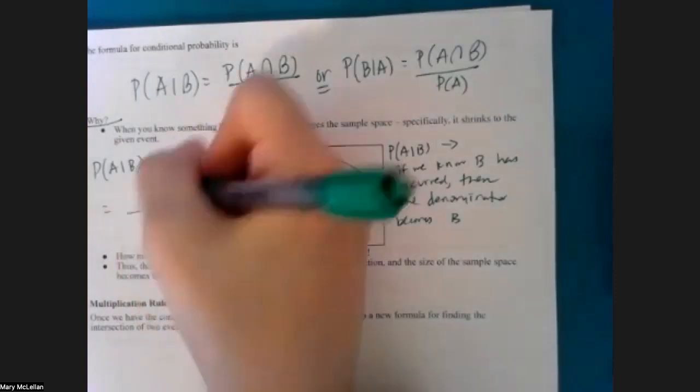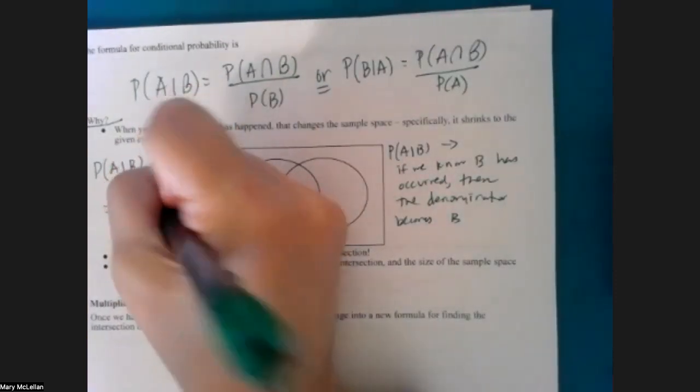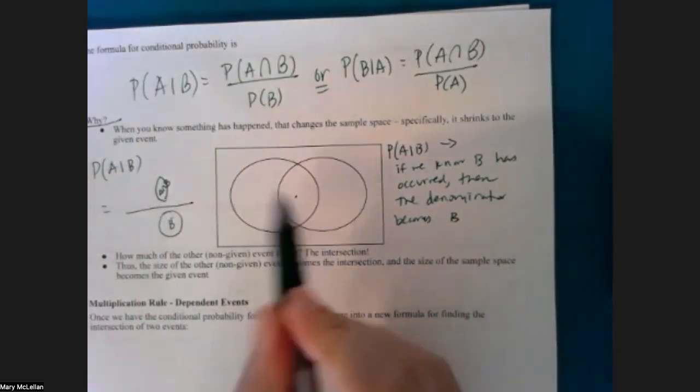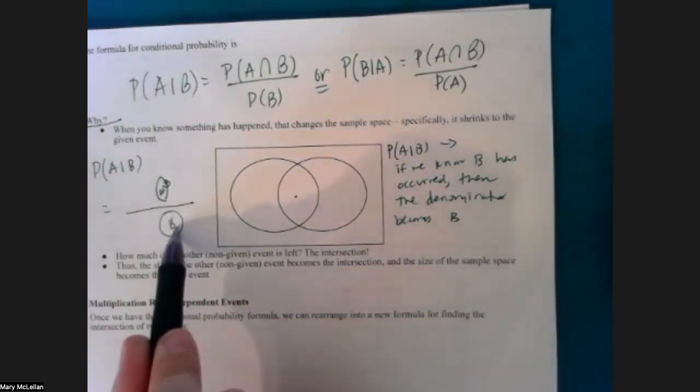Well, now the only way A could happen is in that intersection. So it's the probability of the intersection divided by what we say has already happened.